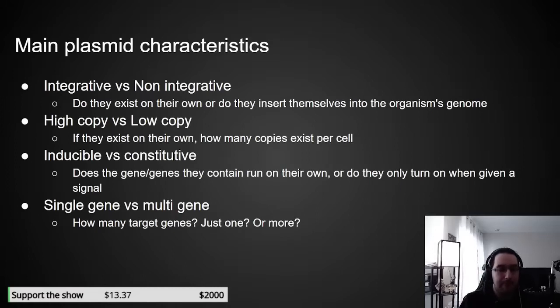Okay. The last thing to know about a plasmid is literally how many genes it is going to be making. For two reasons. One, the more genes it has to make, the more complex it is, and also the physically larger the plasmid is going to be. And if a plasmid gets too large, you have to include extra bits in it, otherwise you'll lose it. And it becomes very difficult to handle.